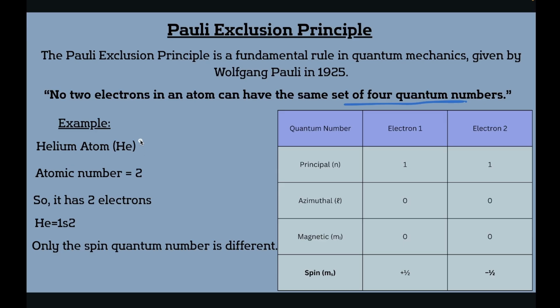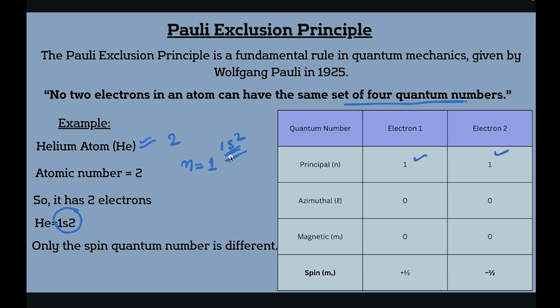If we are taking an example of helium, its atomic number is 2. So it has 2 electrons. Its electronic configuration is 1s2. For these 2 electrons, the value of n, that is principal quantum number, will be 1.